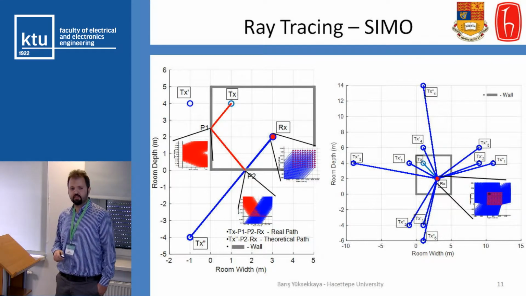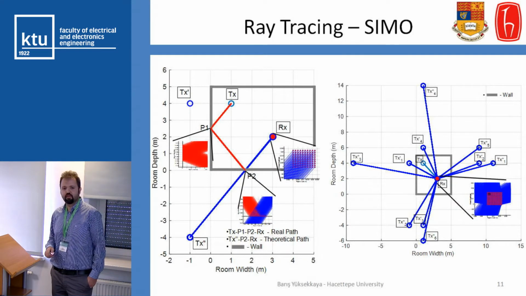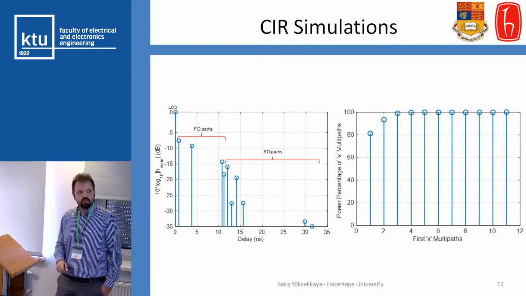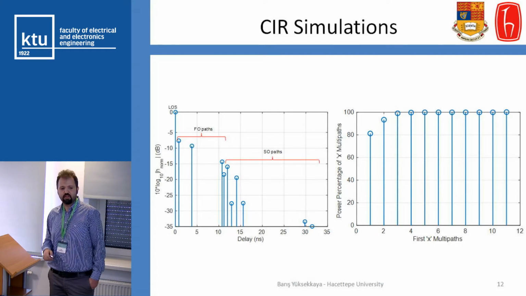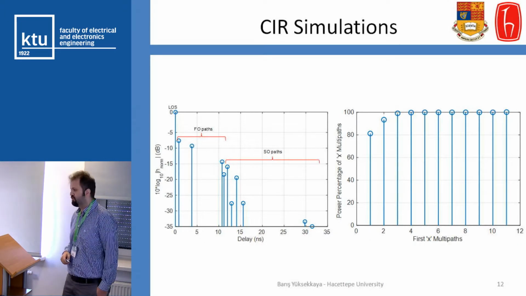This time the channel impulse response is a matrix. It's a matrix with the size of the number of antennas times the number of multipaths. And for a reference antenna of the receiver, we can see the impulse response. Again we have a delay spread of 30 to 35 nanoseconds.